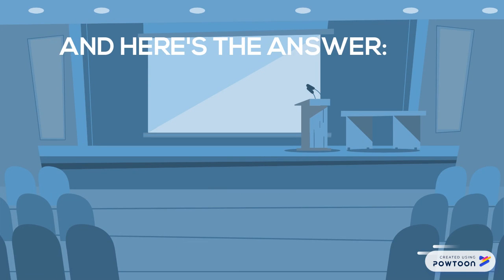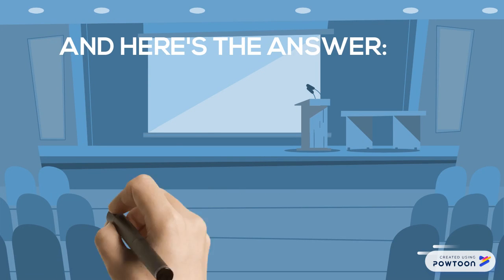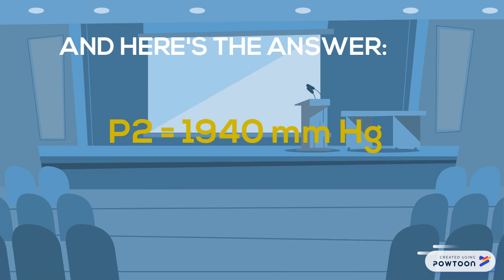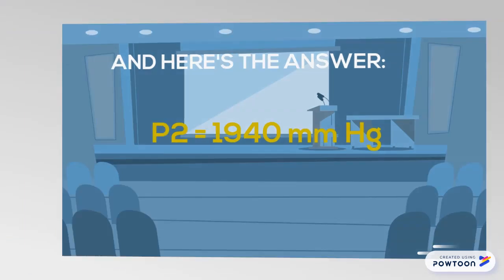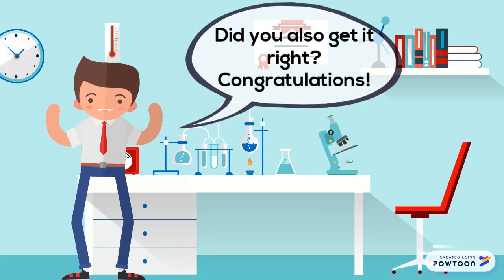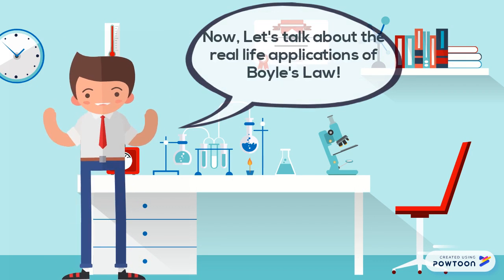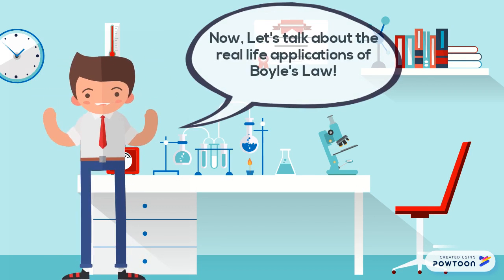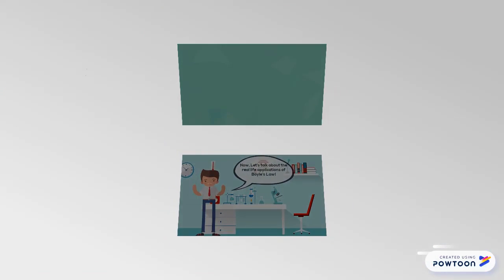Here's the answer. P2 equals 1940 mmHg. Did you get it right? Congratulations! Now, let's talk about the real-life applications of Boyle's Law.